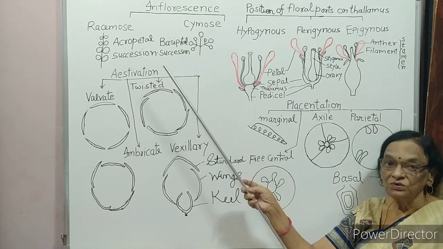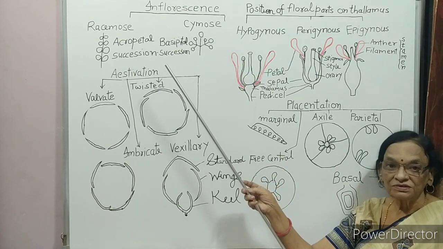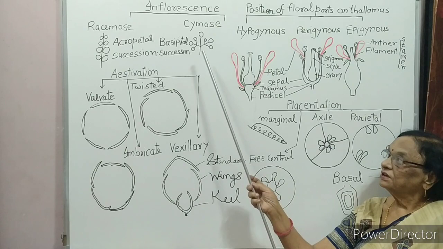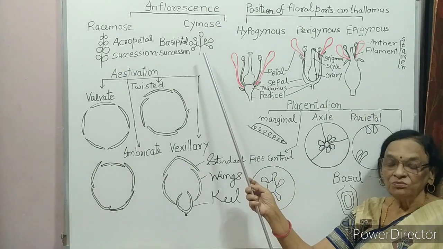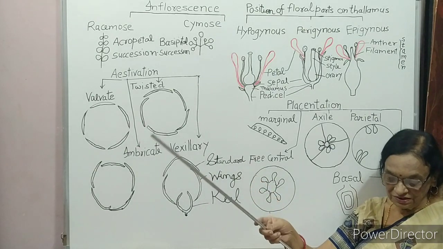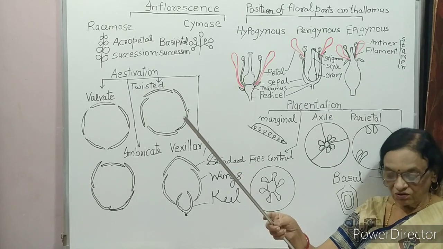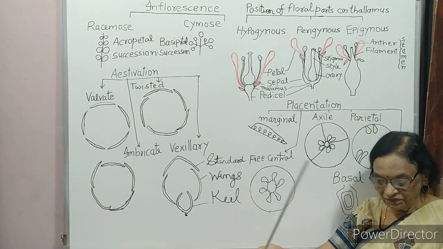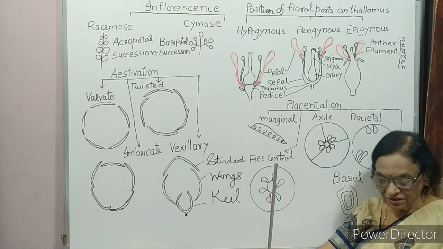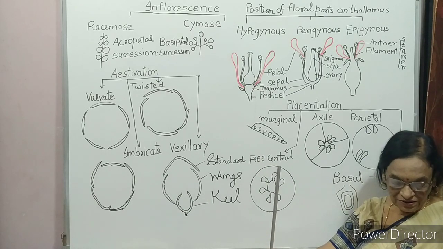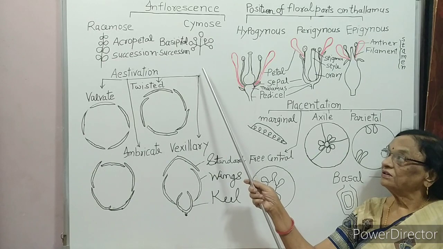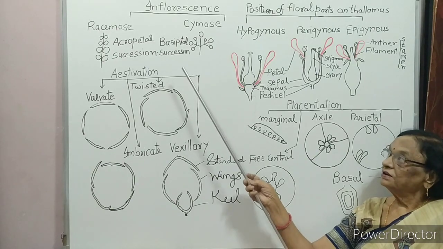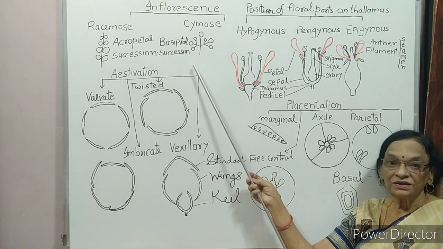So in racemose, acropetal succession is observed, and in cymose, basipetal succession is observed. Example of racemose inflorescence is cassia, and cymose is Carissa.